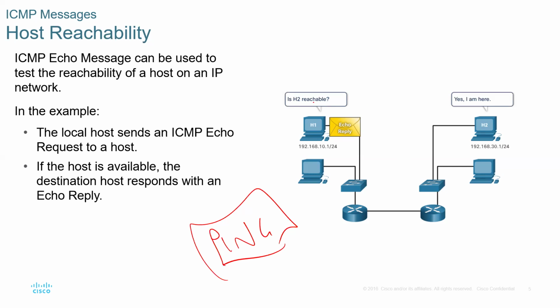This device sends a request to this device, then this one responds with a reply. A reply basically means our ping is successful. Therefore, there is connectivity between PCs H1 and H2. That's how we confirm if a host is reachable.